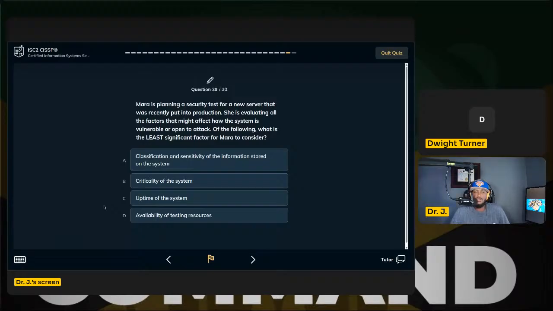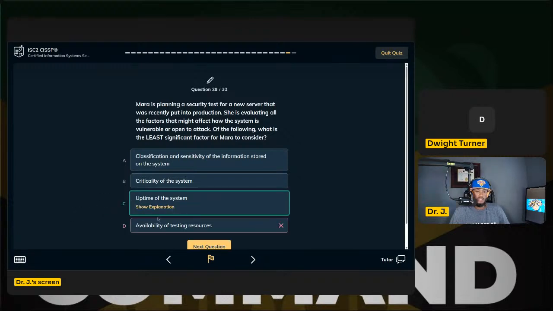Availability of testing resources, I don't think that's going to have a direct impact when it comes to determining how vulnerable that system is, or open to attack. You want to consider uptime, the criticality of the system, and also the classification of what's being stored on the system. So this should be Delta.